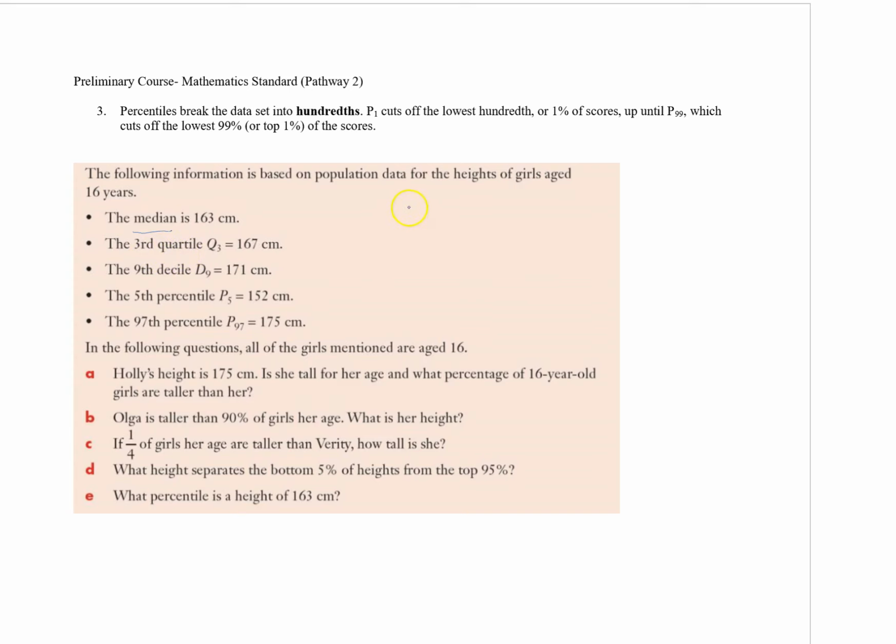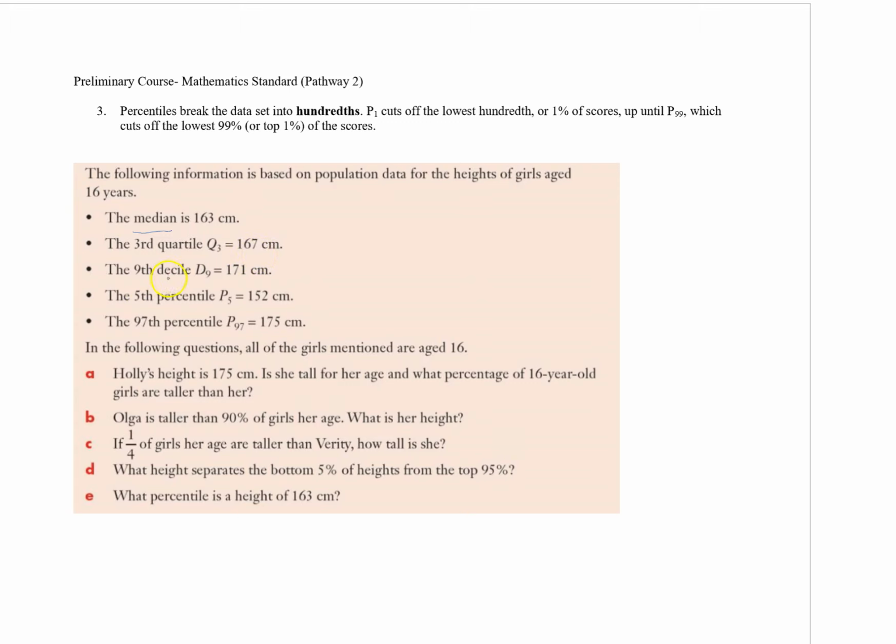Now we know the third quartile is the equivalent of 3/4 of the way through, which in terms of percentile is 75%. 75% of the girls' heights are up to 167 centimetres.